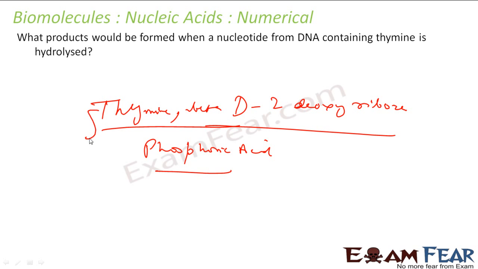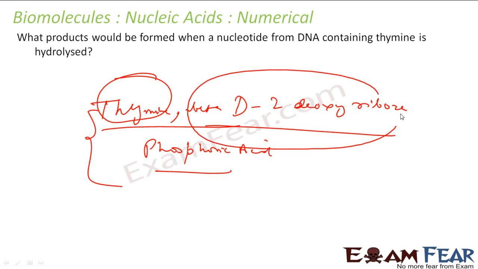It will give you these three. This is my base, this is my sugar, and this is phosphoric acid. As told, nucleotides consist of sugar, base, and phosphoric acid.